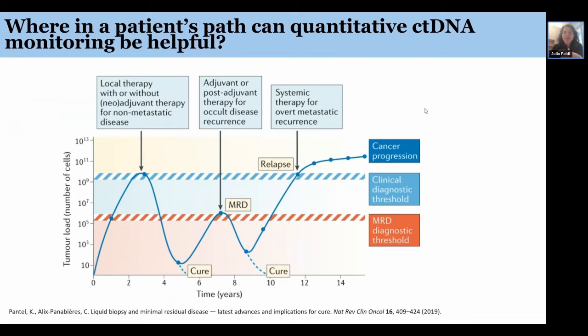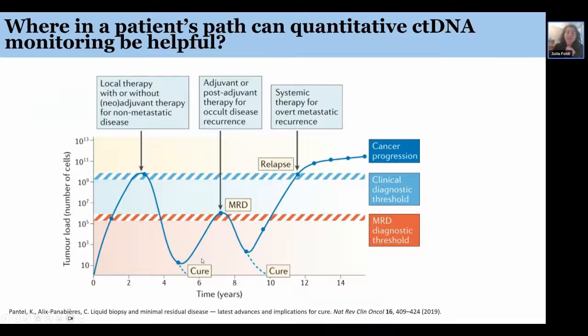Here again, we're talking specifically about tumor-informed quantitative ctDNA monitoring that can give us ideas about how the levels are changing over time. So this shows a patient's path from diagnosis of breast cancer to getting local therapy, meaning surgery and radiation in most cases.